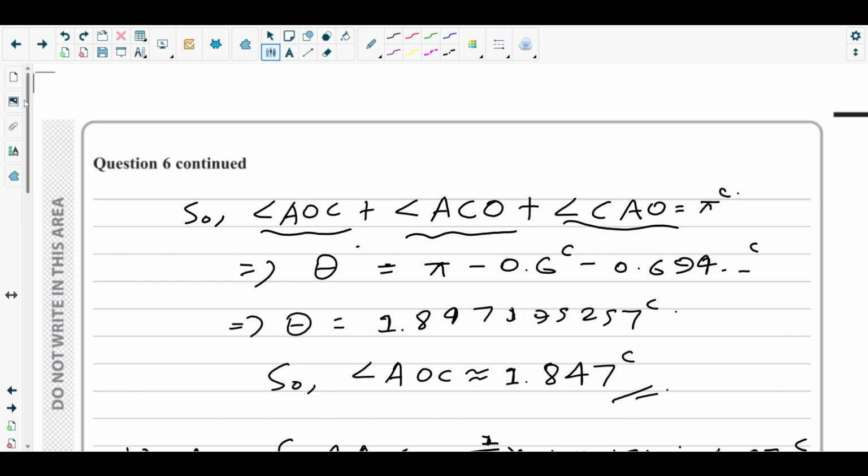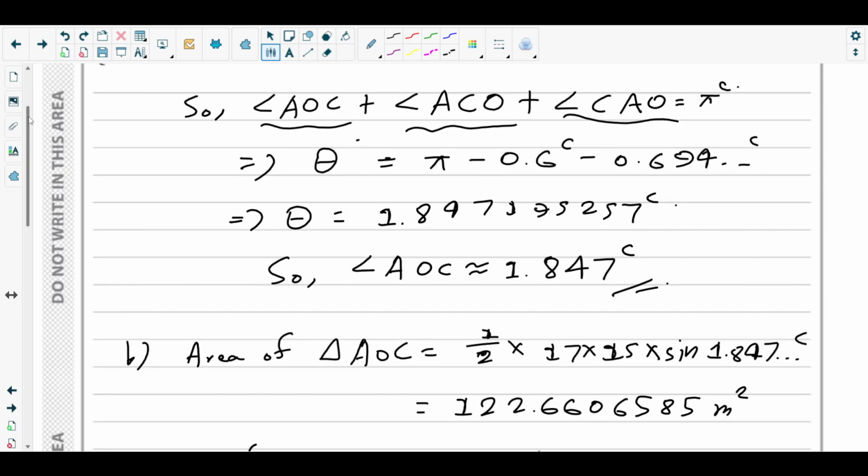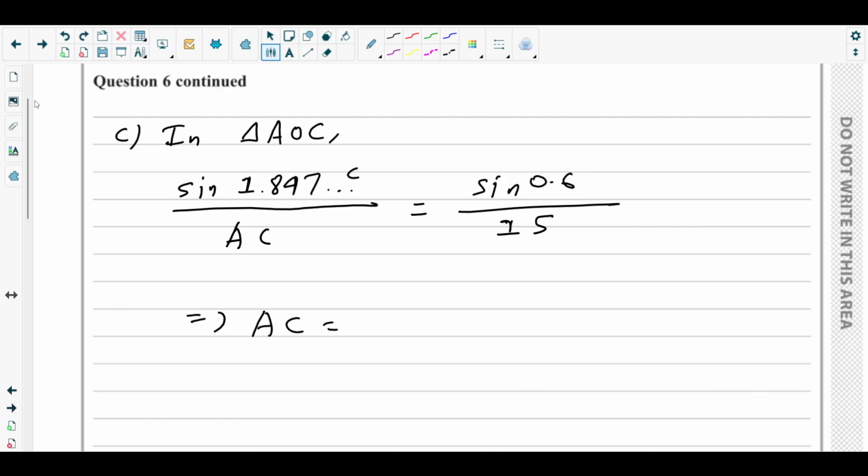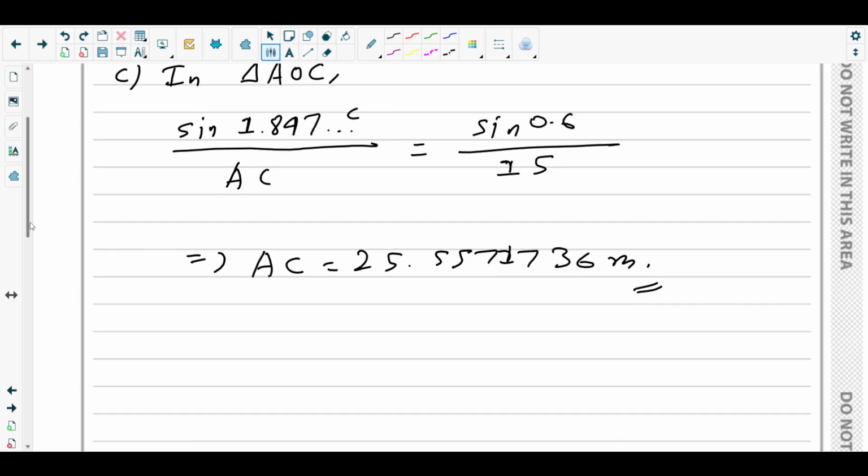So it's sine 1.847195257, that's the sine theta. If you make AC the subject, sine 1.847 radian times 15 divided by sine 0.6, you will get 25.5571736 meters. We got the length of AC.